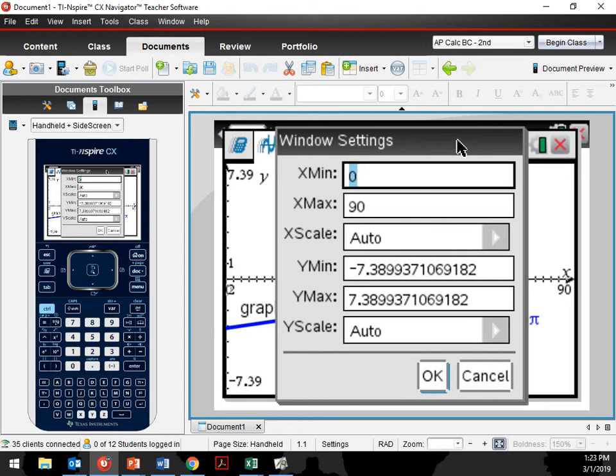All right, now that we got that out, go to the table, the one that says inverse.